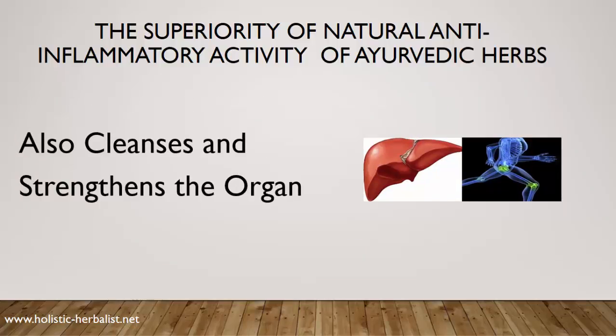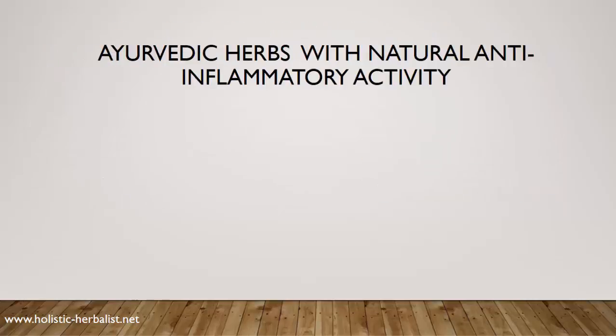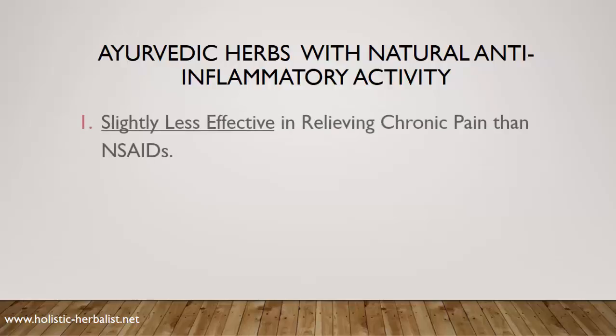And during this process, Ayurvedic herbs help to cleanse and strengthen the organ without having any side effect for the whole body. These are some important points about Ayurvedic herbs with natural anti-inflammatory activity.